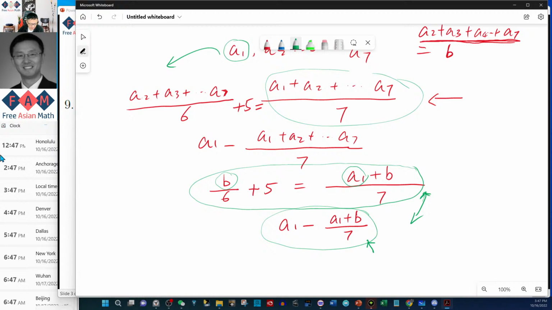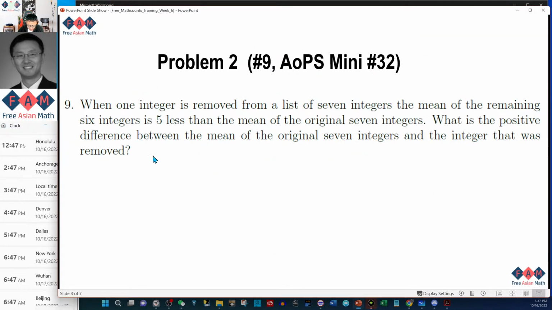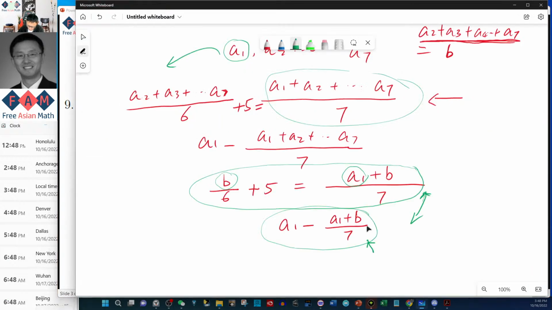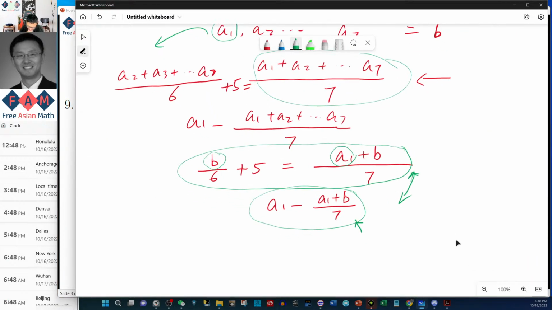So how do we do that? In general, you can do it by observing the algebraic expression. That is what we have in the first one.